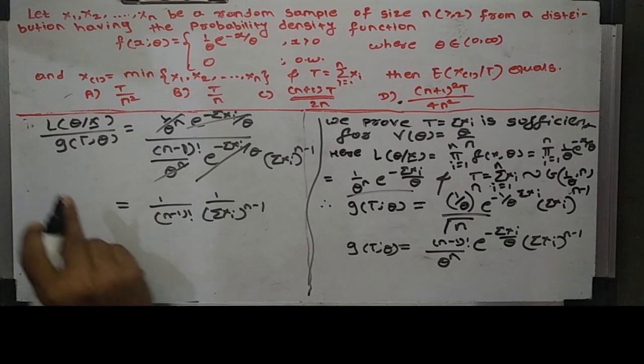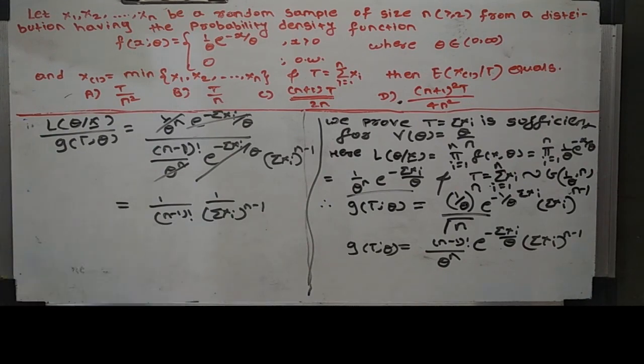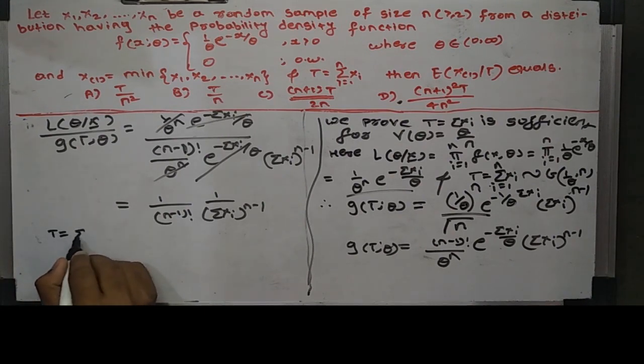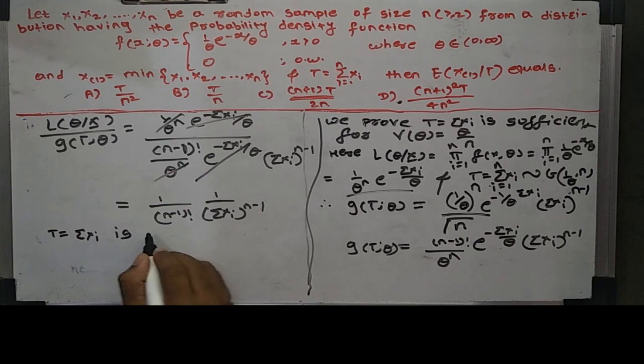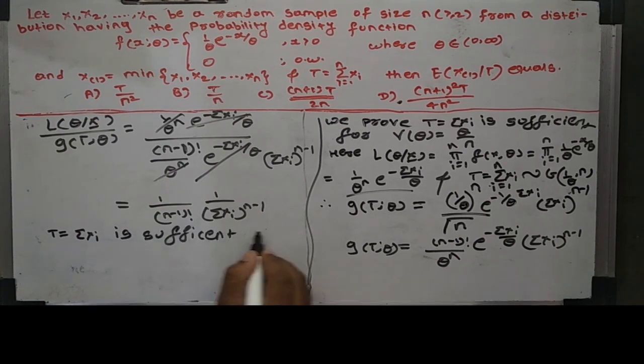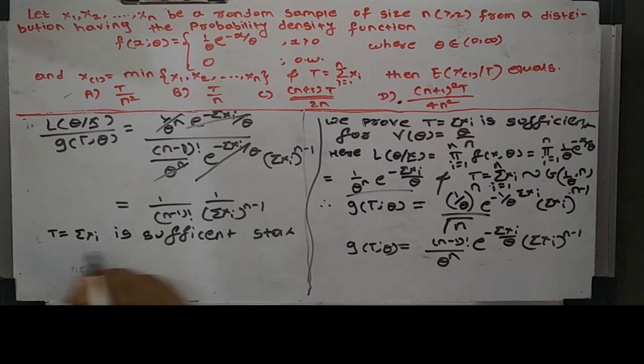Here observe that the ratio of likelihood upon the distribution of statistic t is free from theta, that is, it does not contain the parameter theta, therefore t equal to summation of xi is a sufficient statistic for theta.